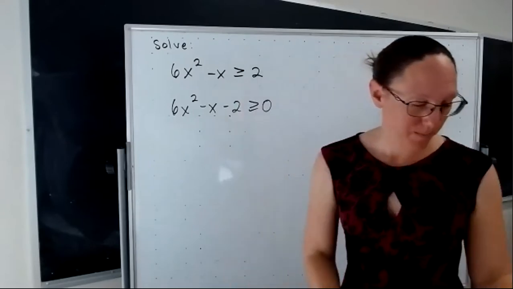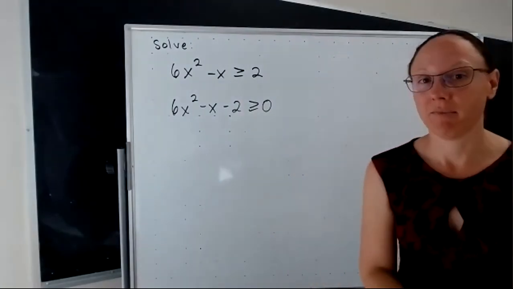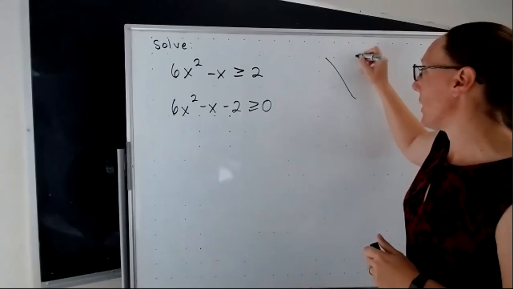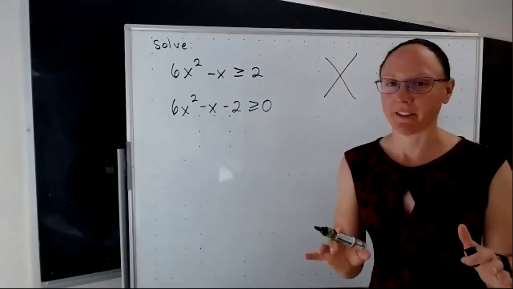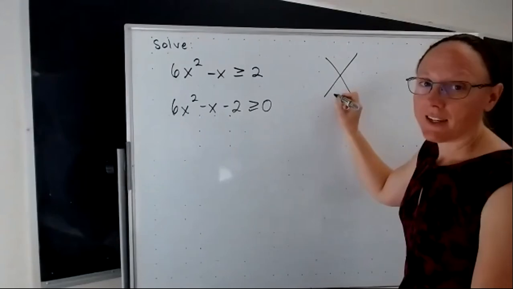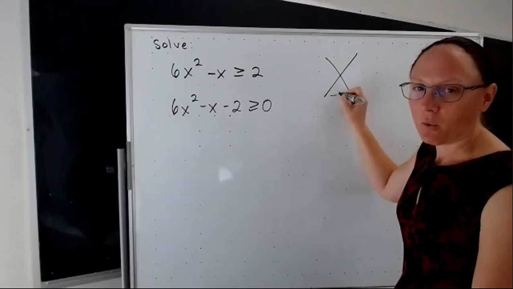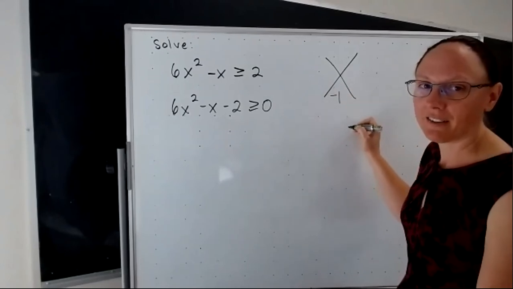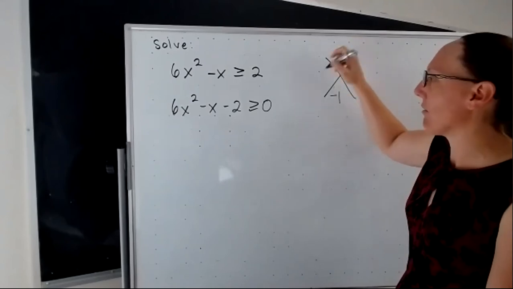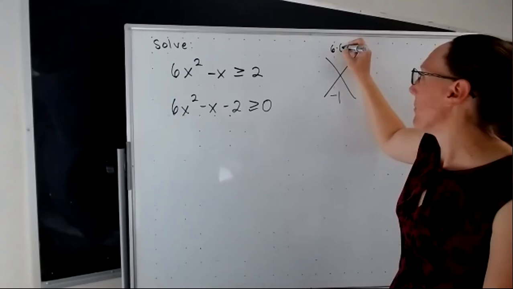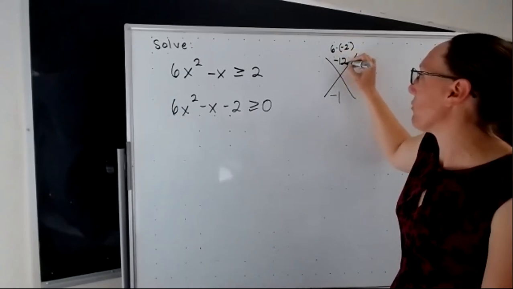Just because we haven't done it in a while, we can go for the X method, and I'll try to get it right the first time. So I'm going to put -1 down here. And up here, I'm going to have 6 times -2, so I've got -12.